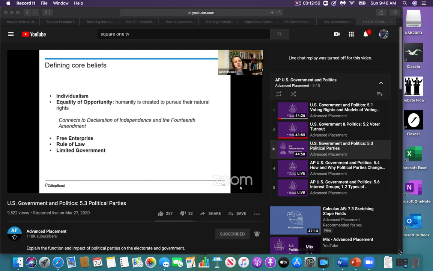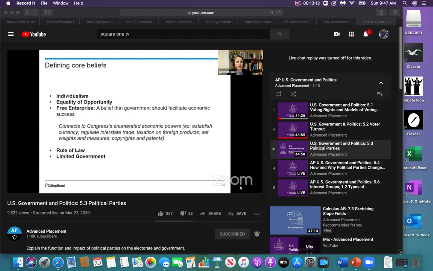Connects back to the Declaration. We talk about, we hold these truths to be self-evident, all of those things, direct connection. And also the 14th Amendment. The Equal Protection Clause is very much reflective of this ideal of equality of opportunity. Free enterprise, the belief that government should facilitate economic success, is going to connect back to things like Congress's enumerated, or numbered, powers.